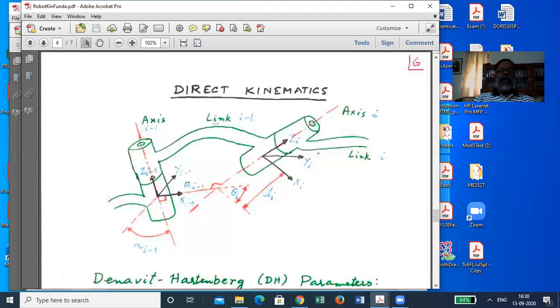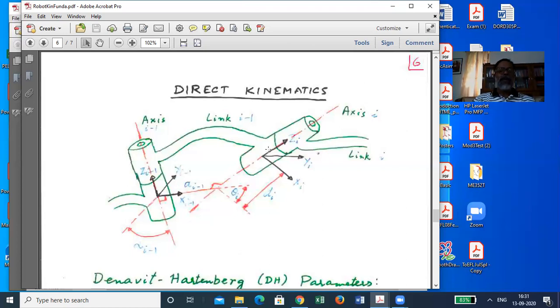So with link i minus 1, the origin of the frame of reference has to be at the common perpendicular between this axis i minus 1 and the next axis i. And this is a convention, and this convention was proposed in 1955 in a context which was not exactly robot kinematics, but robot kinematics has adopted it.